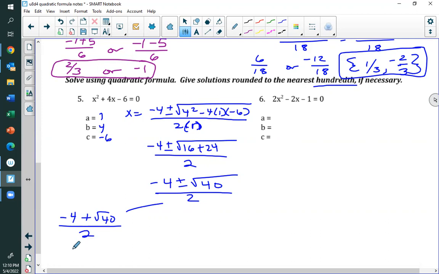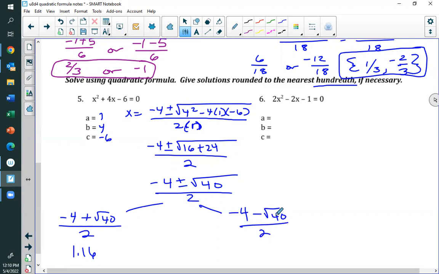I got 1.16 over here. That is what I was supposed to get. So 1.16. All I did was I used the calculator. Okay, it said round to the nearest hundredth. That's why I stopped here. This side is going to be -4 minus the square root of 40 all over 2.